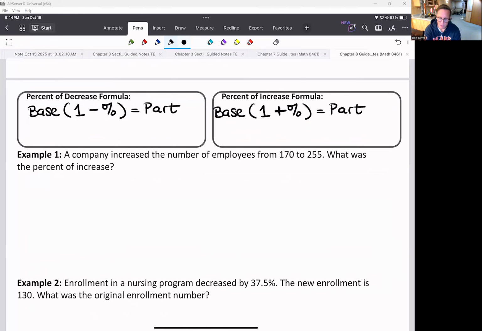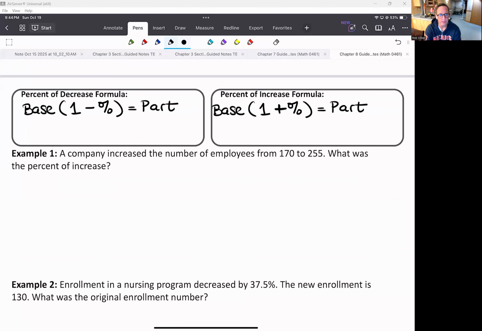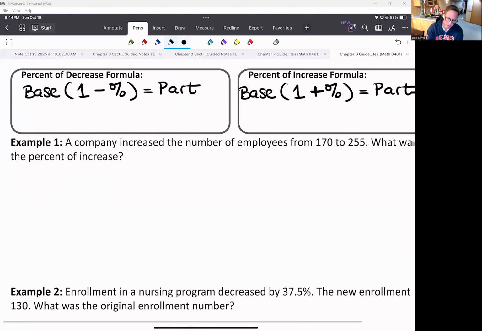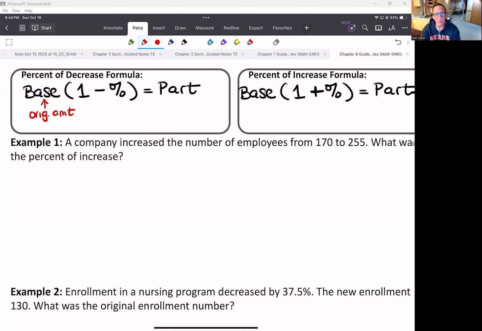Okay, so now to give you a little bit of insight here, what this means. Now the base, in this case, is the original amount. Think of that as the original amount. Okay, what was it before the decrease? Before the temperature went up or down.